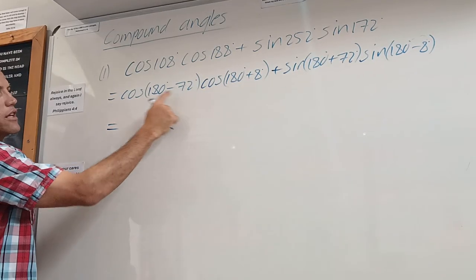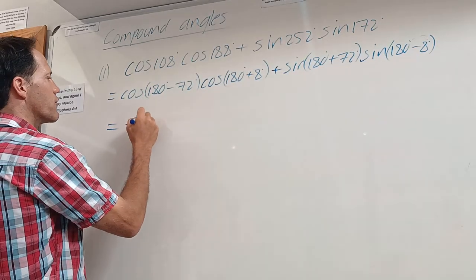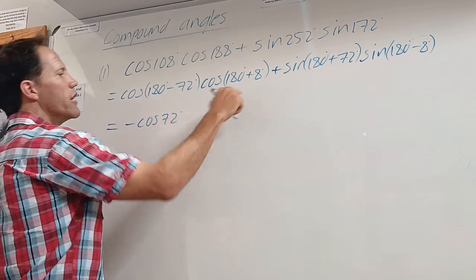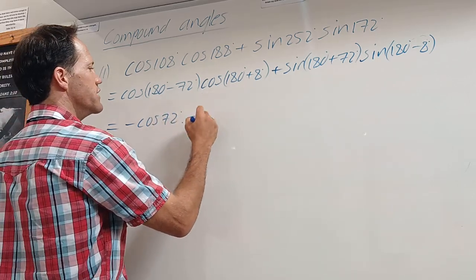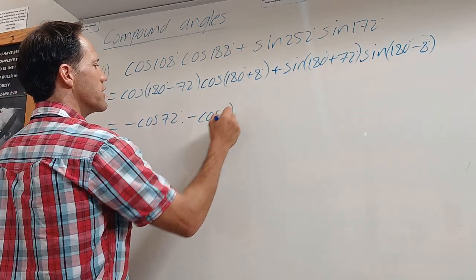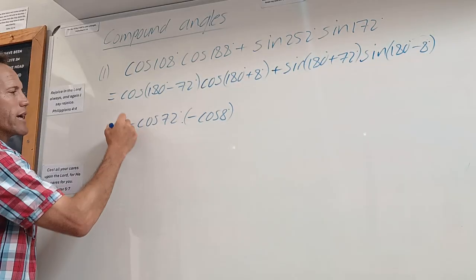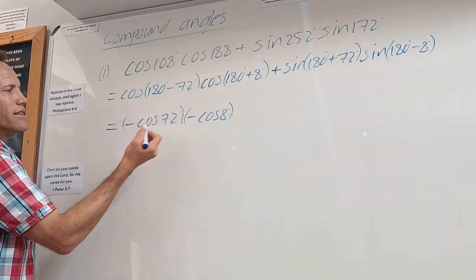what is cos in the second quadrant? Positive or negative? Second quadrant cos is negative, so it's negative cos 72. What is cos in the third quadrant? Also negative, so it's negative cos 8. We can put brackets around it if we want to, but it's not necessary.